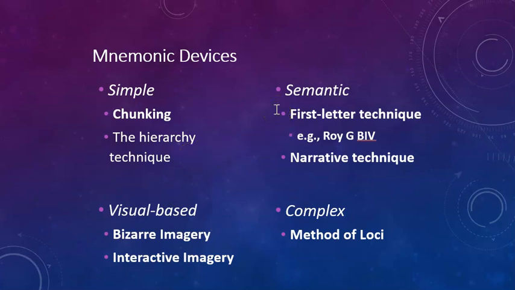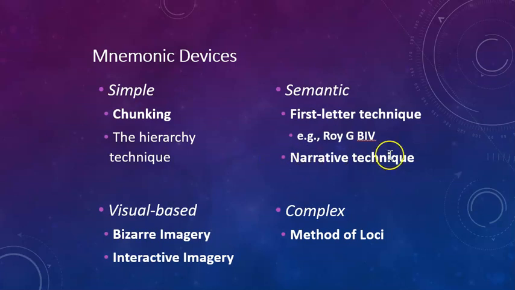Now, one of the most common ones that you'll have heard about in classes, whether it's a science class or an English class, is a semantic mnemonic device. And a lot of times it's by using the first letter. So the first letter technique is what we just did with HOMES for the different lakes, or where we made the sentence for the order of the planets.